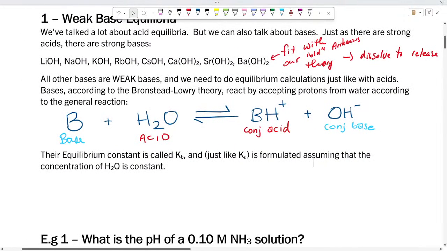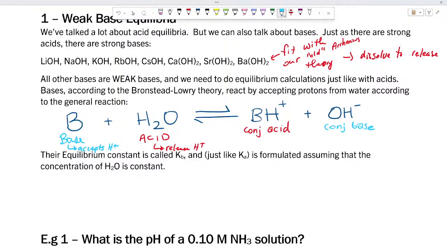Because it's behaving as an acid. The definition of an acid under Bronsted-Lowry theory is anything that will release H+. And a base is anything that receives H+. Exactly. Okay. Very good.